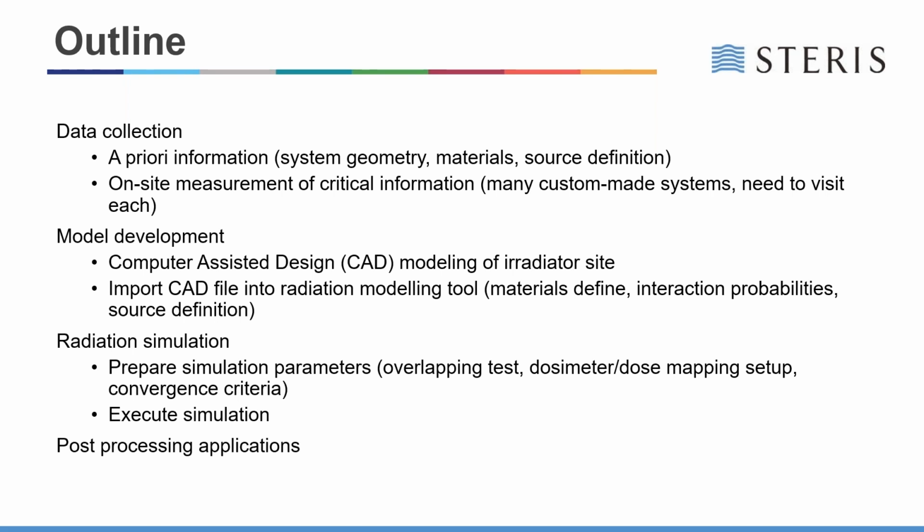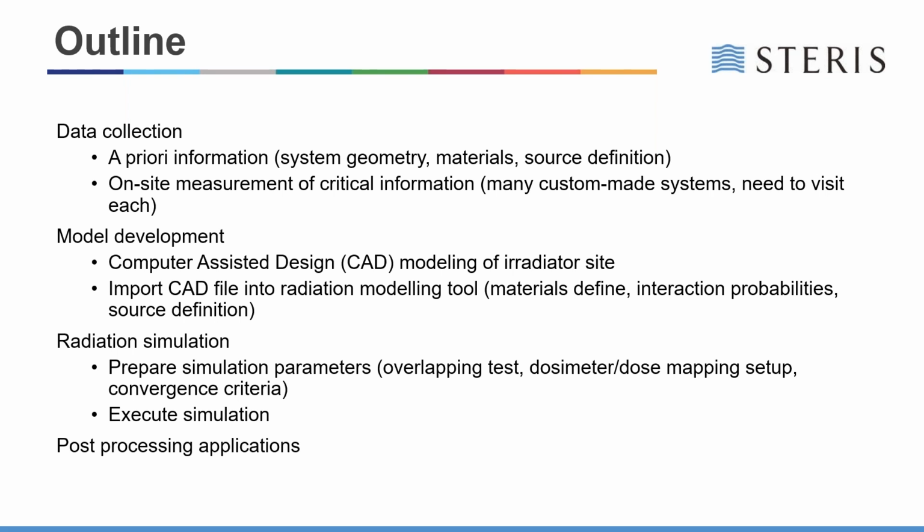For model development, you can see that we've got computer-assisted design, or CAD, modeling of the irradiator site, as well as importing that CAD file into a radiation modeling tool. So model development really takes place in two parts.